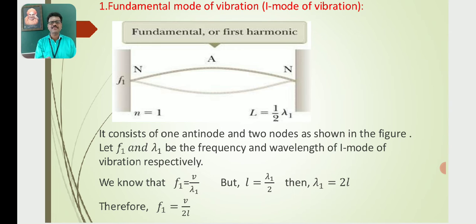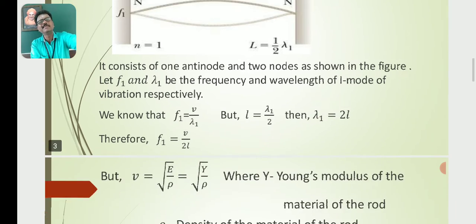Then lambda 1 is equal to 2L. Substituting in the above equation, lambda 1 is replaced by 2L, so F1 is equal to V by 2L.